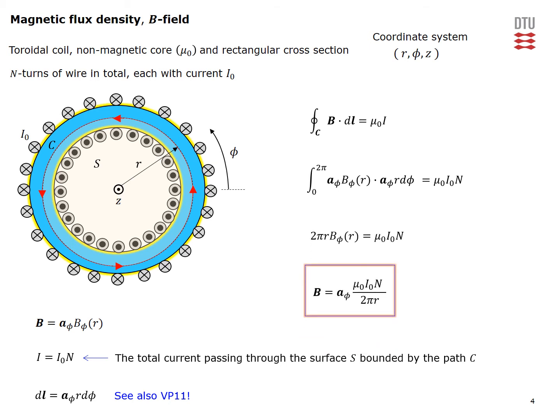So we have very easily the final result for our B field, which is phi directed, and as we can see, inversely proportional to the distance to the observation point in our non-magnetic core.